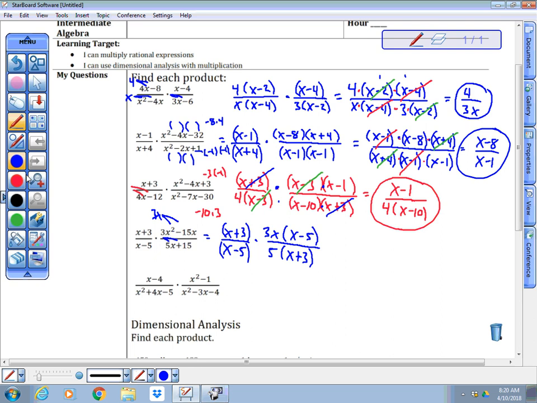And again, this is one long multiplication problem. Tops and bottoms can cancel. Maybe I'll just extend that so it looks like one long multiplication. You have an x plus 3 canceling, and you have an x minus 5 canceling. Final answer is the remaining part, 3x on top, 5 on the bottom.